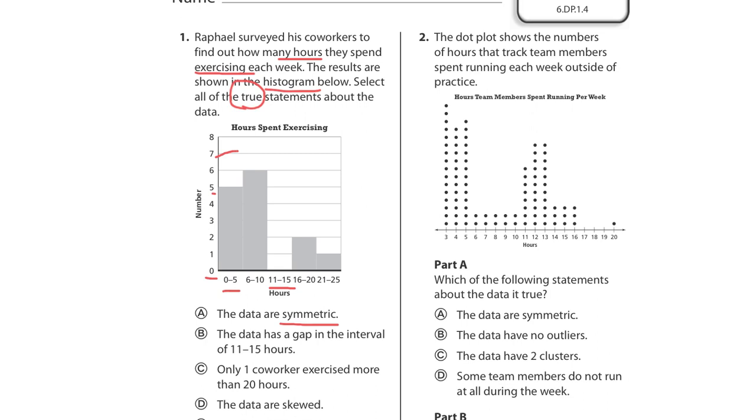Well, we're going to draw our curve, and our curve is skewed. Skewed, not symmetric. In order for it to be symmetric, it would have to be like this. But this one has a tail. So this one is not symmetric.